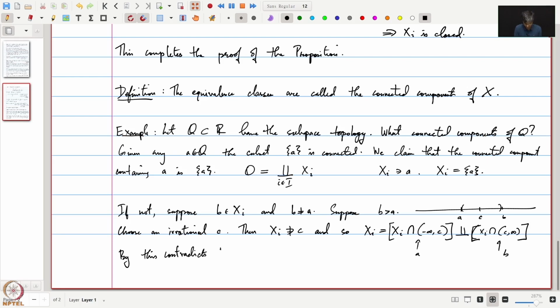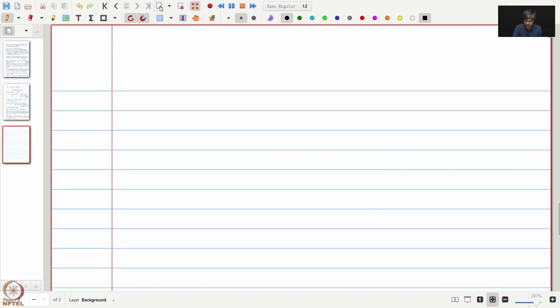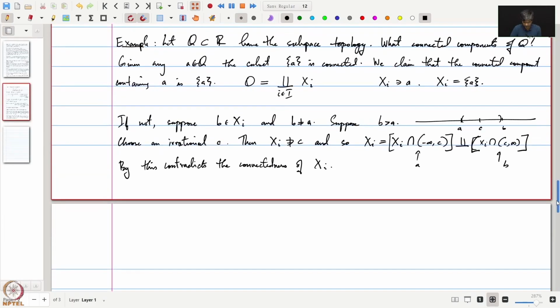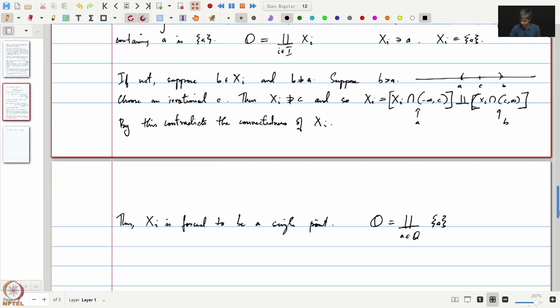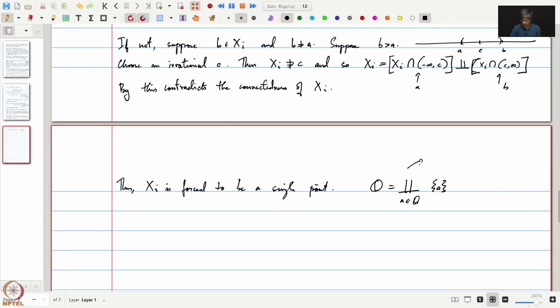This contradicts the connectedness of Xi, right? So thus Xi is forced to be a single point. So therefore, all the connected components are just A in Q, right? So this is the decomposition of Q into connected components.